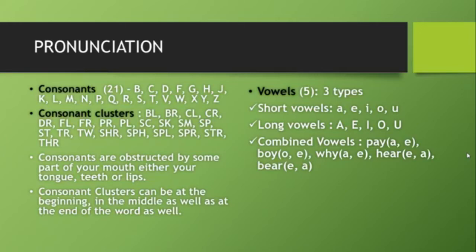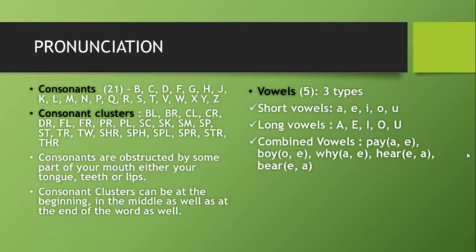So why, like in pen, the e sound is also coming, a-e. Here, a and e both are being used, so this makes it a combined vowel sound. Beer, okay. So these are the words where combined vowels are used.